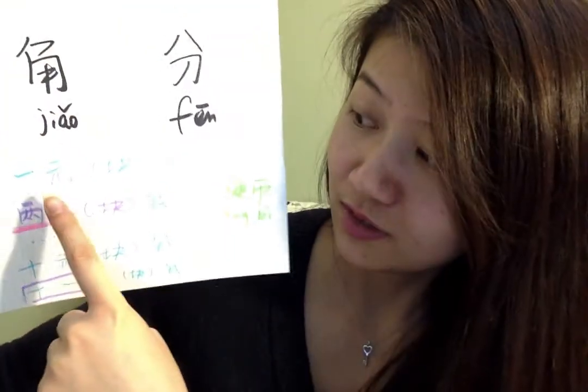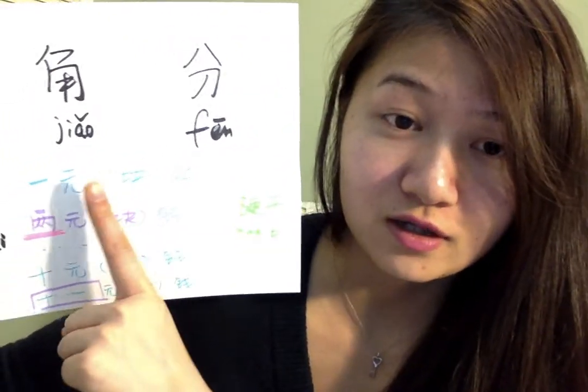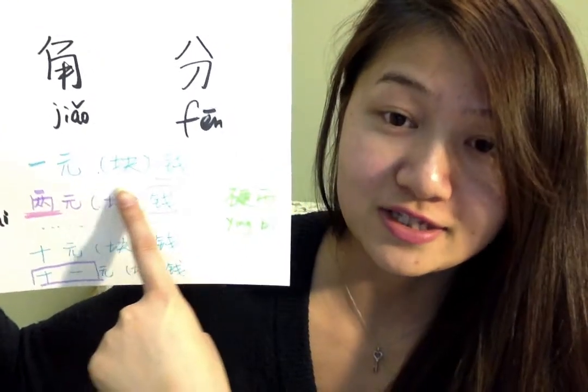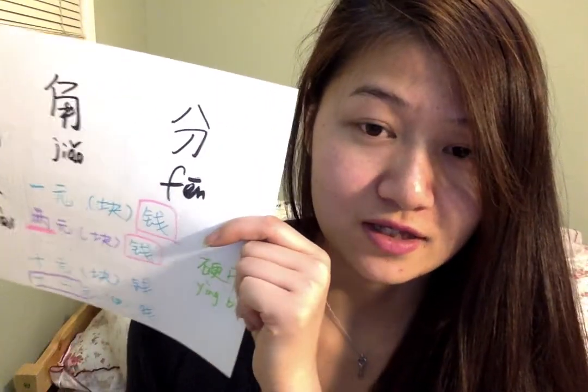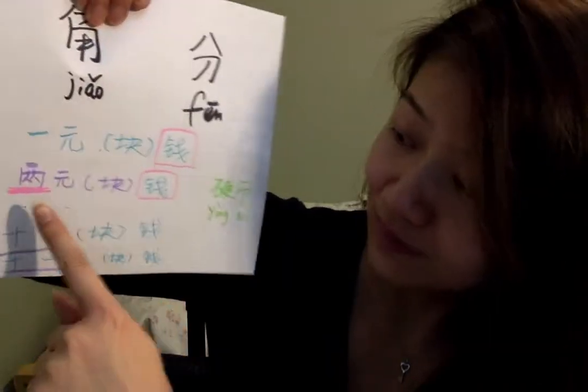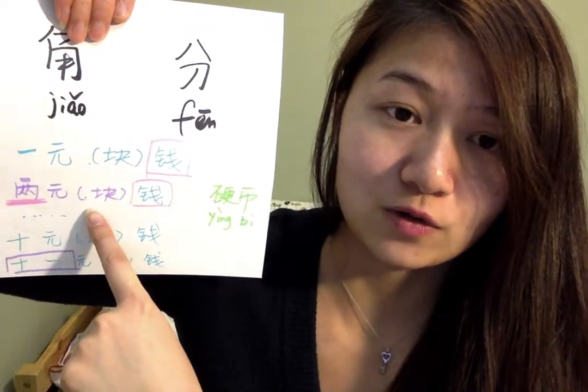Okay, so here, can you see the blue one? If it's $1, we say 一元钱. Remember, money is 钱, so you can add 钱 at the end of the number: 一元钱, or 两元钱, 两块钱.